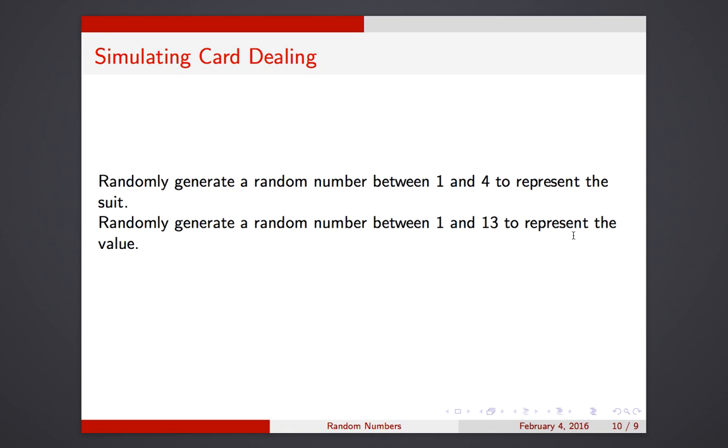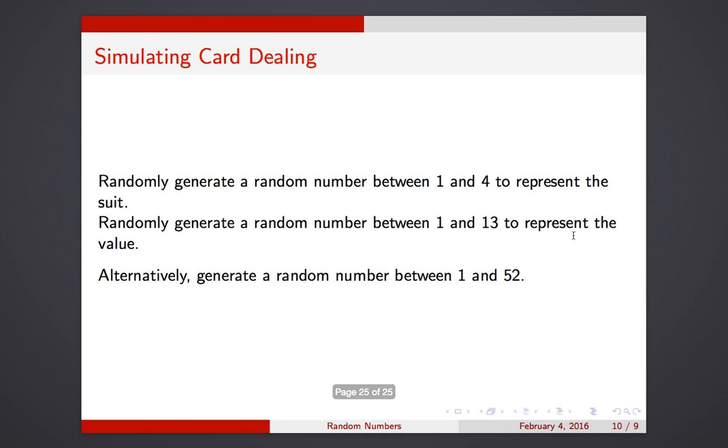So 1 might be ace, 2 will be 2, 3 will be 3, and then 11 will be jack. Or there are just 52 cards, right? So you could just assign each card its own individual number and generate a random number between 1 and 52. It's up to you, but all of this is to say that you can also generate randomly chosen cards if you encode them as numbers.